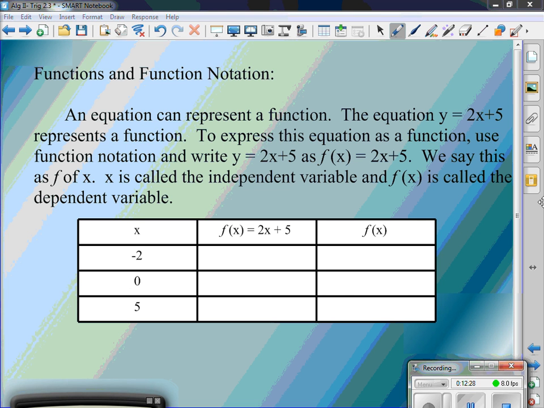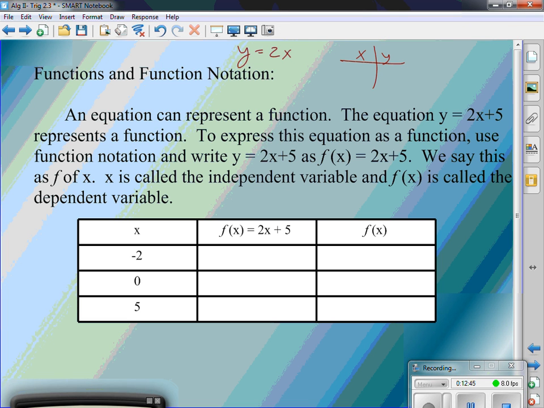Looking at the table, this is the same exact thing as having x, y. Here's my x's. This would be my y values. How do I find my y values? If this was an x, y, and this was my function, if that's negative 2, how do I find out what 2 times negative 2 is?